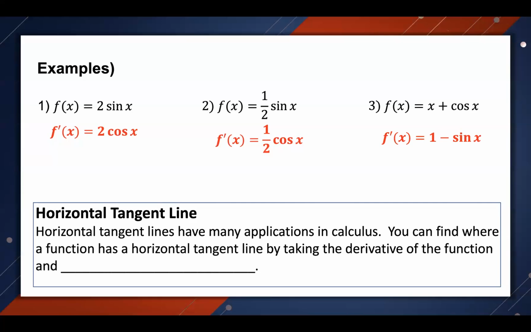You can find where the function has a horizontal tangent line by taking the derivative of the function and setting it equal to 0. As we know, the derivative is the slope of the tangent line, and horizontal means the slope is 0, so we set the derivative equal to 0 for the horizontal tangent line.